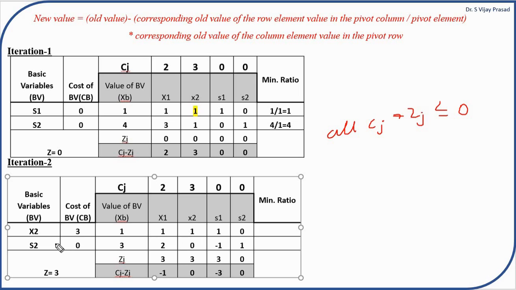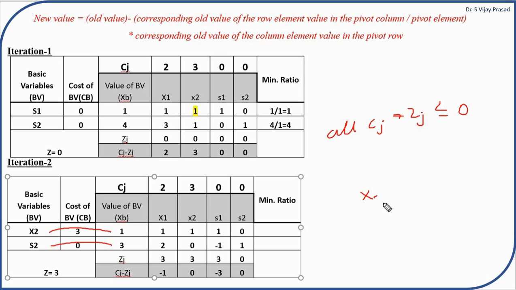How we are going to select the solution? Listen. Now the XB value, the value of BV. The x2 value is going to be 1. Like this, you are going to select the solution. x2 equal to 1.